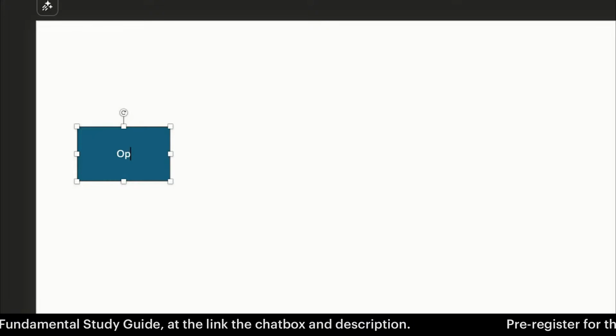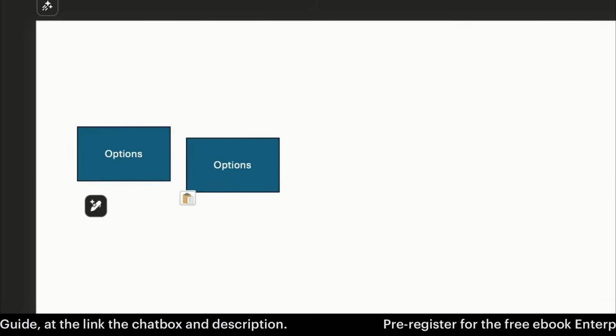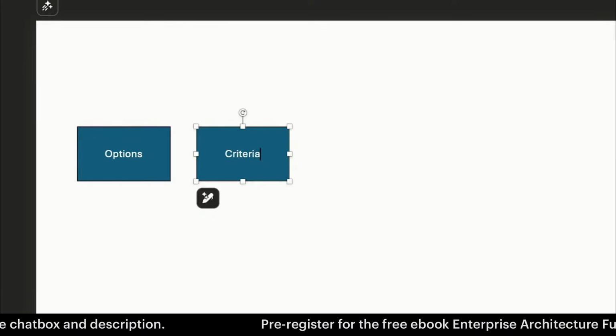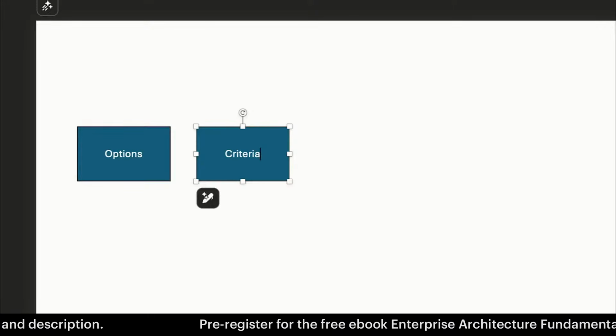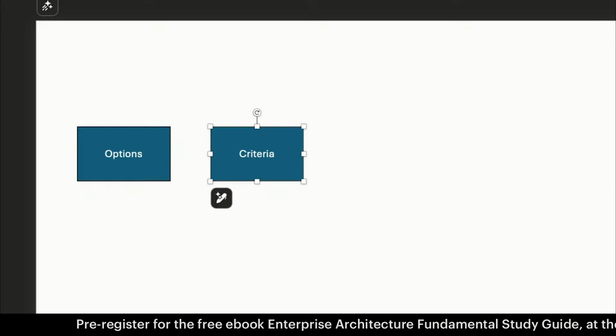I start looking at options. The options that I have. We obviously have some kind of criteria that we're looking for. Because as a rule, we've got options, but there's a criteria of things that are going to work for us. And then typically we have to think about trade-offs.